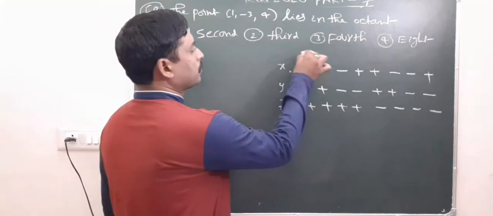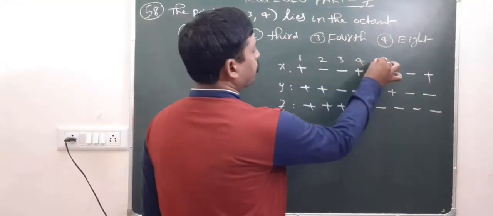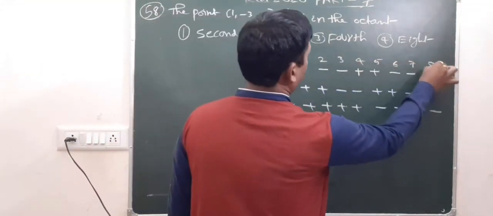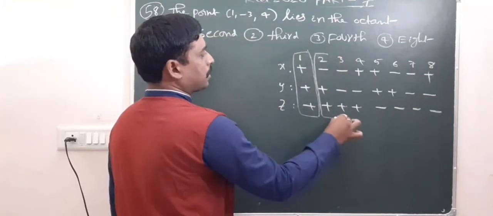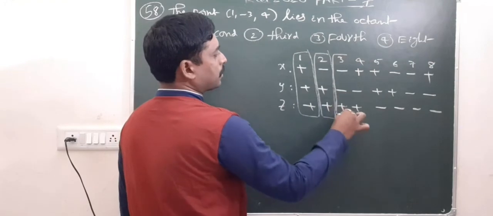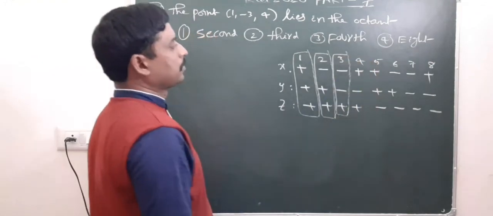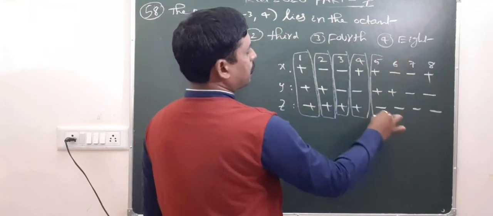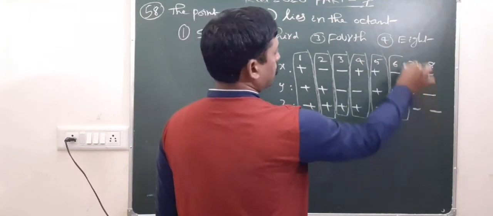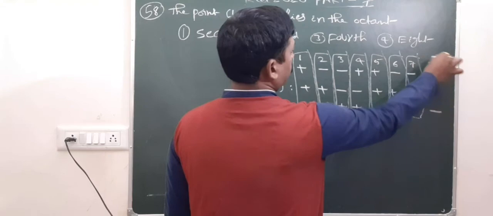This is the first, 1 2 3 4 5 6 7 8. This is the first octant, this is the second octant, this is the third octant, this is the fourth octant, this is the fifth octant, sixth octant, 7, 8.